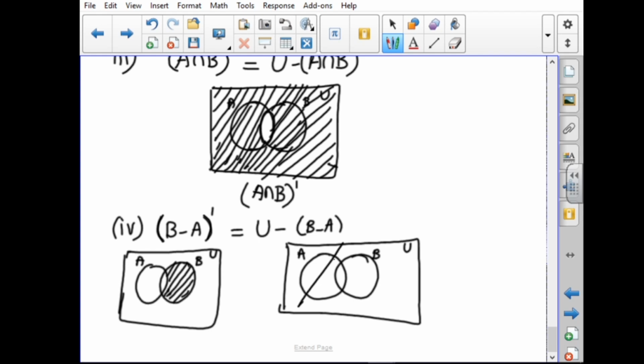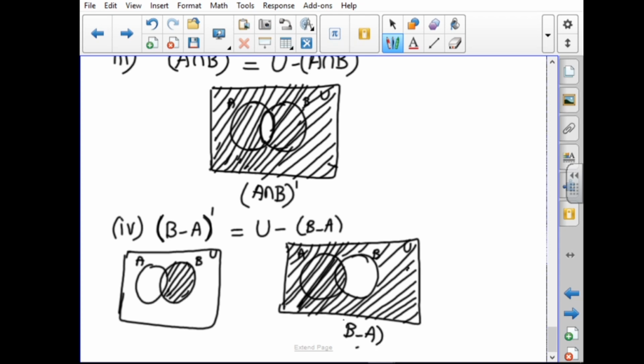So what are the remaining parts? Okay, this is your B difference A whole dash.